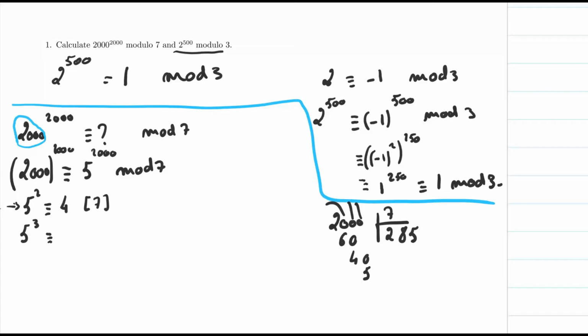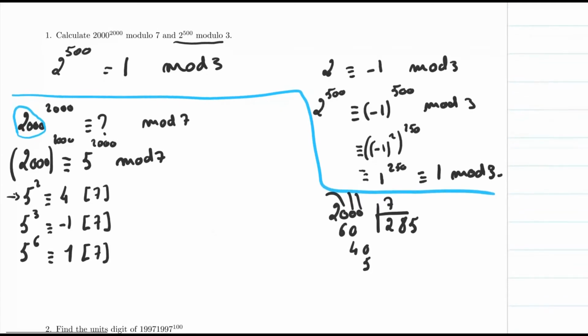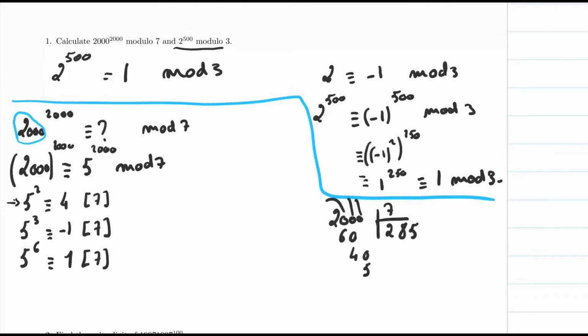And 20 is negative 1 modulo 7. So if I square both sides, I know that 5 to the power 6 is congruent to negative 1 squared, which is 1 modulo 7. Now how could this help? Well, I know 5 to the power 6 is congruent to 1.